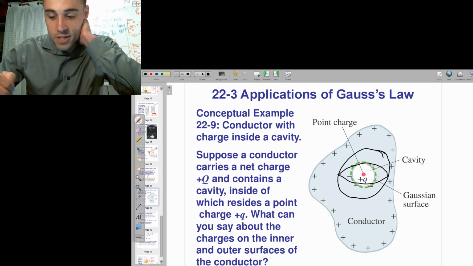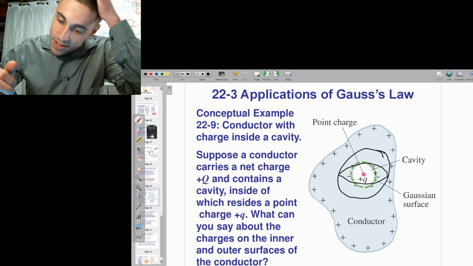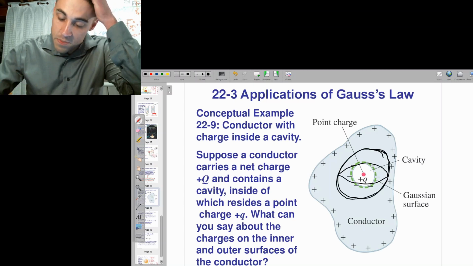The electric flux has to be equal to Q inside of this surface over epsilon naught. And the electric flux through this thing, where the electric field is 0, must be 0. So Q inside of this surface must be 0. So that must mean that minus q acquires over this surface here, right?